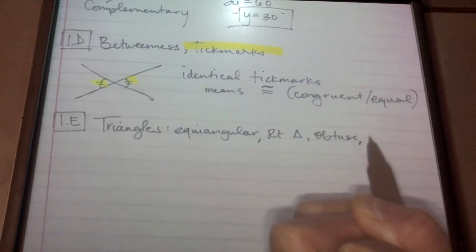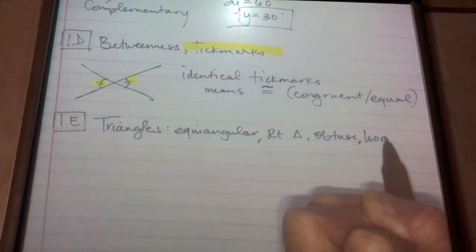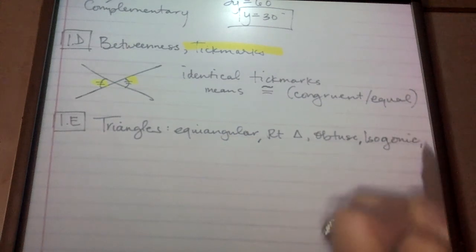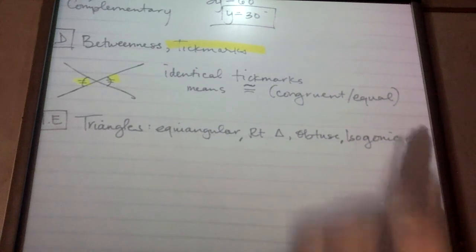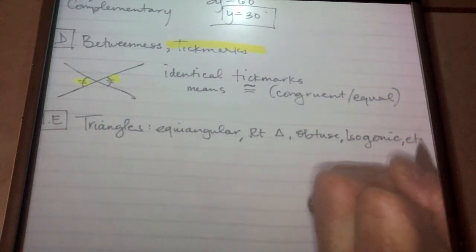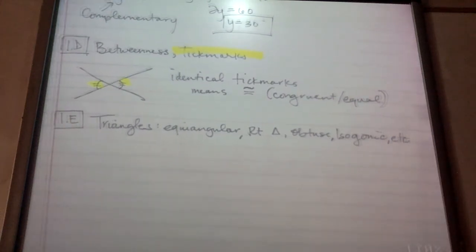They go over isosceles, etc. So they go over all the different types of triangles. You can use your book for that. I'm not going to go over that.